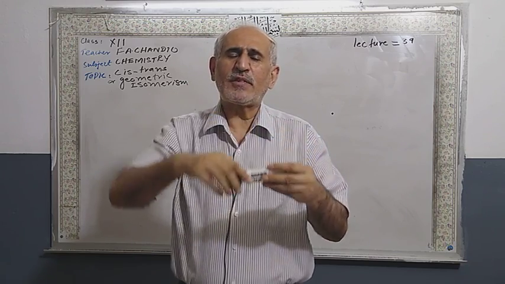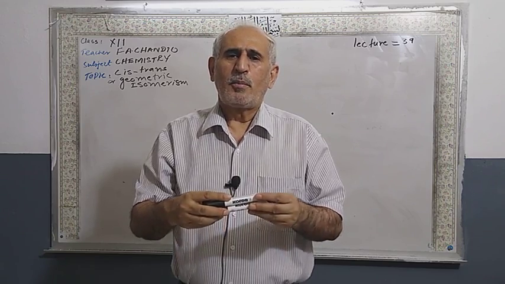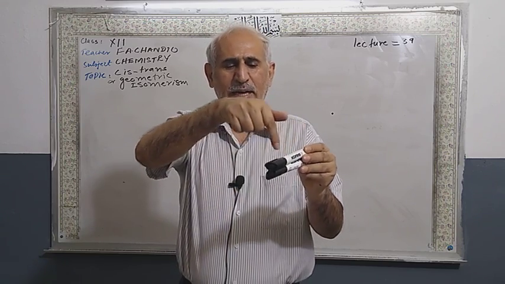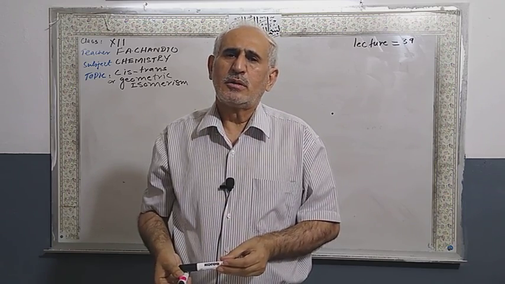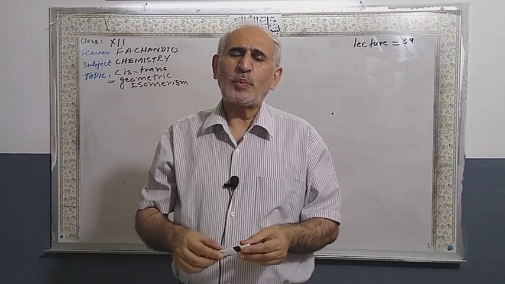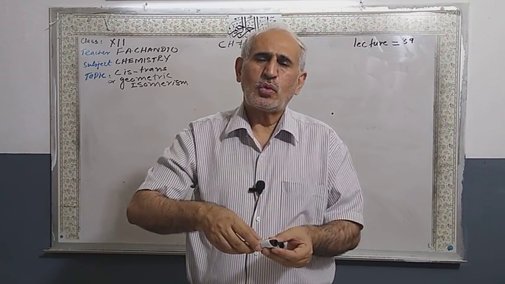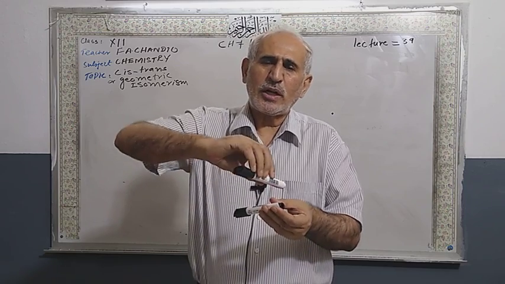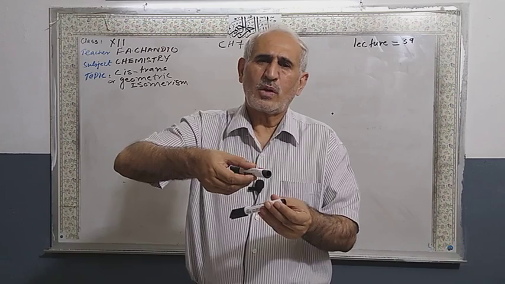Rotation is possible if there is one bond, a sigma bond. But if you put one nail here and another nail here, rotation is not possible. These two wooden pieces cannot move. If you try to rotate, it will break.